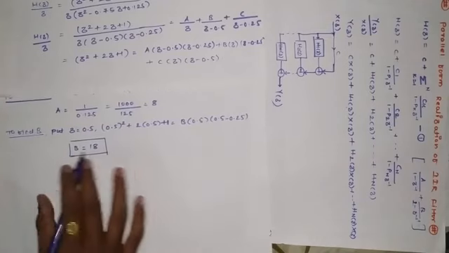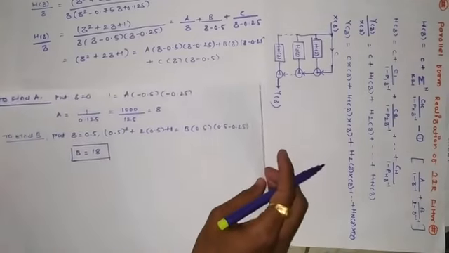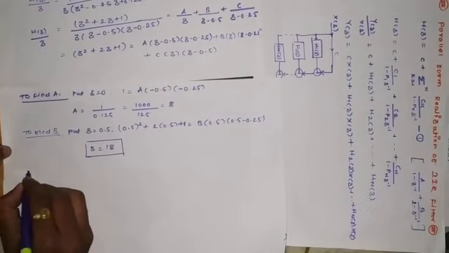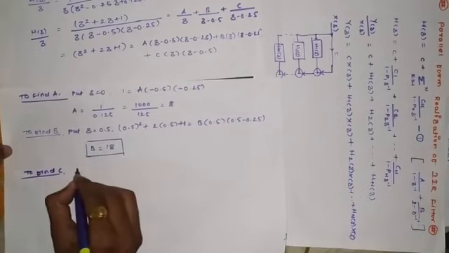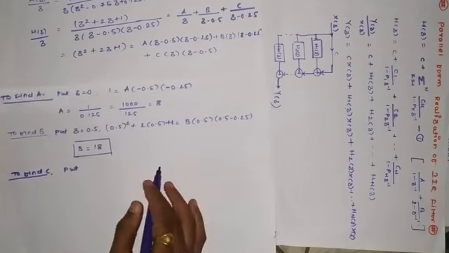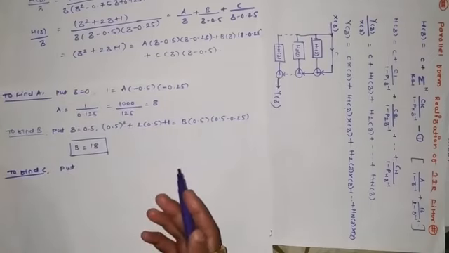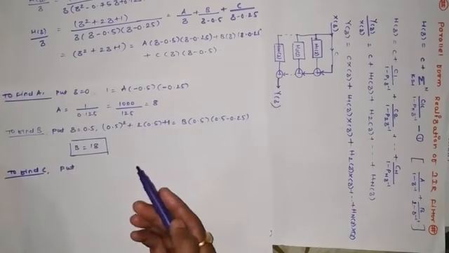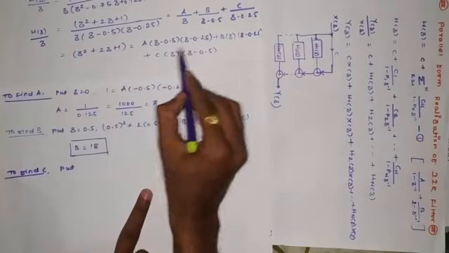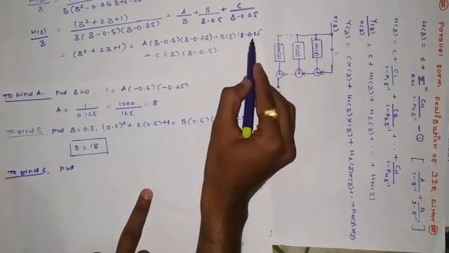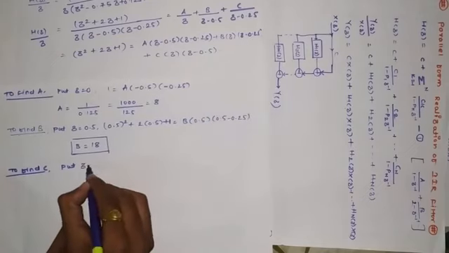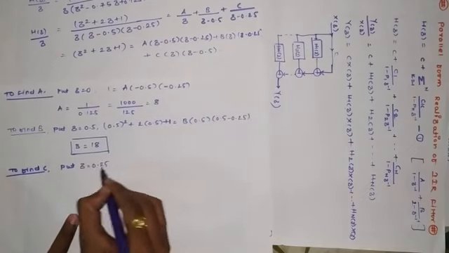Now similarly, we'll try to find C. To find C, we have to assume some value of z. As far as A, B, C are considered, to find C, in A and B we are having common terms as z minus 0.25, z minus 0.25. So you can assume z as 0.25.